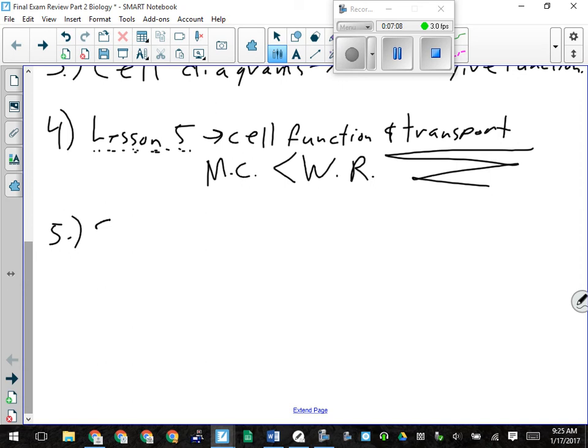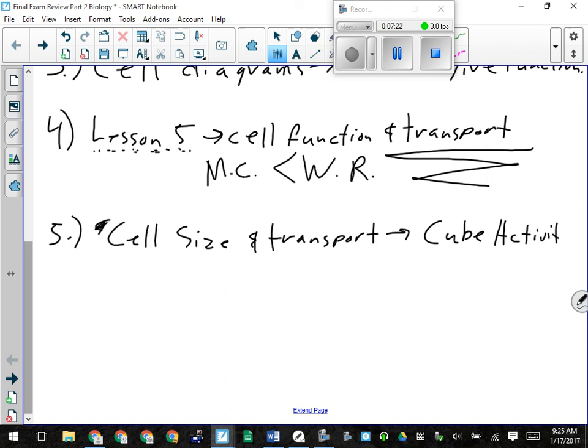Okay, and then number 5, we talked about cell size. That was the cube activity that we did, where we had macro, micro, and multi-micro, and we were figuring out that a multicellular organism has advantages over an equally sized single-celled organism because diffusion is really slow and it's not targeted, and as a result a large single cell will have difficulty transporting materials effectively within its cytoplasm.